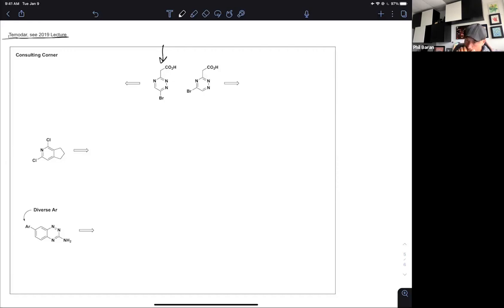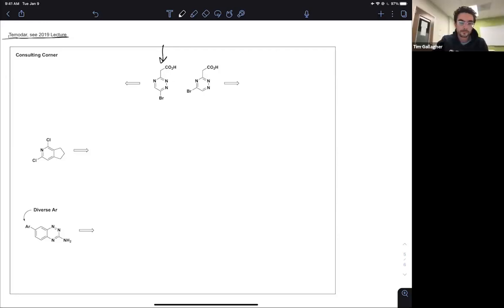No takers? Any general thoughts on this compound? What atom might we put in at the end, let's say? Bromine. Okay, let's start off with that.